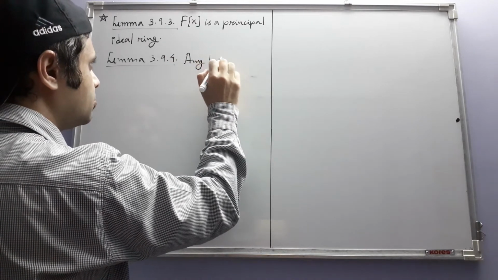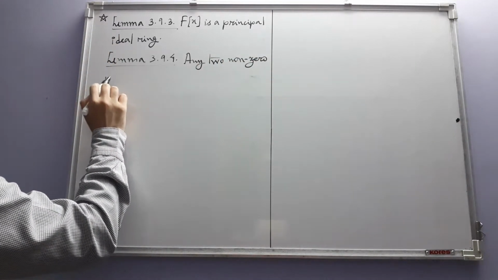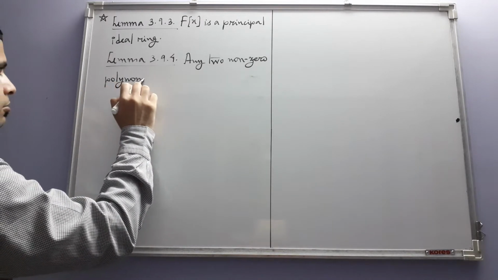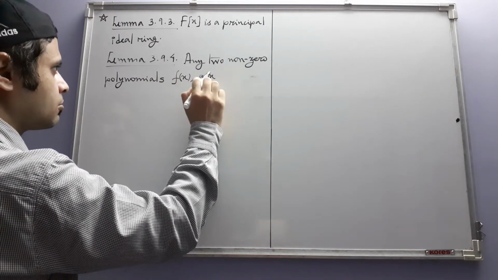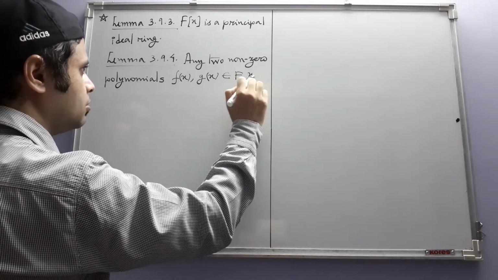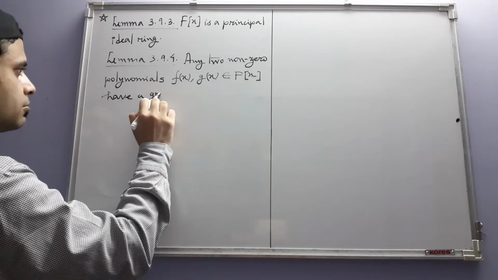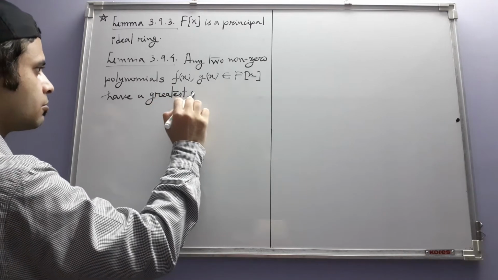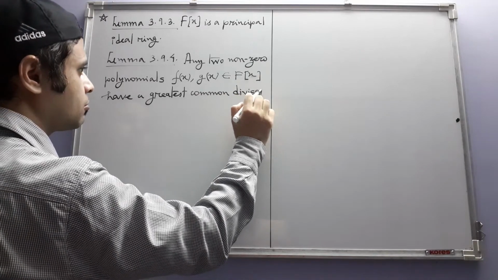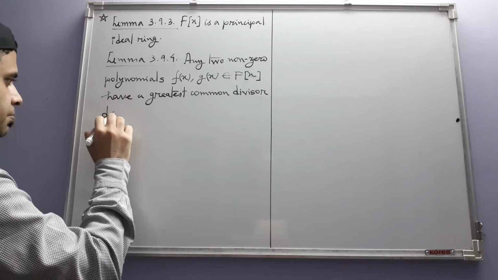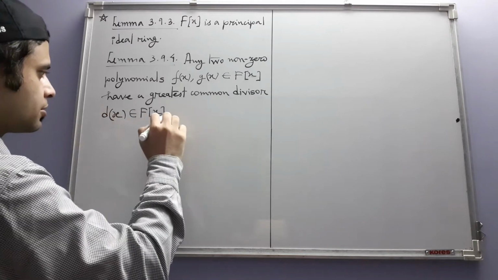Any two non-zero polynomials f(x) and g(x) in F[x] have a greatest common divisor, some polynomial, again in F[x].